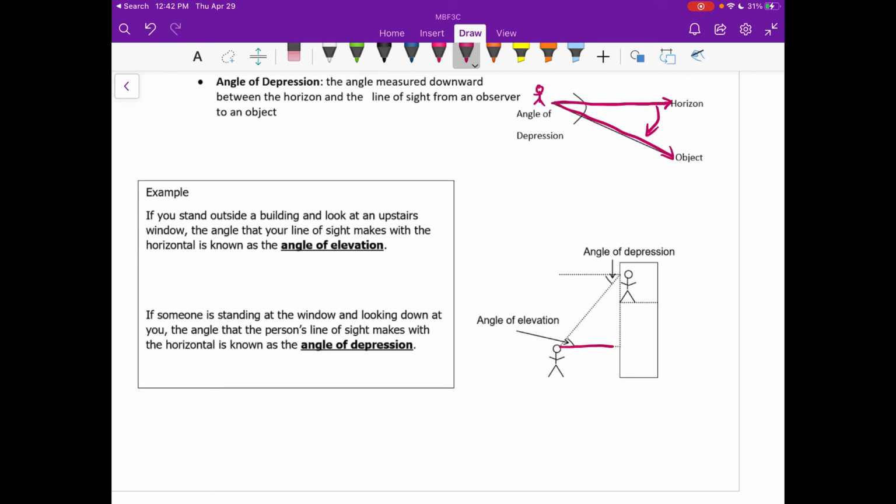So if you're looking straight at the building right here, and then you look up at your friend, this angle over here is an angle of elevation, right? And then say your friend is up here, their line of sight would be looking straight forward towards, I don't know, the sky or the clouds or whatever it might be. And then if they were going to look down at you, the angle would open downward, so that would be the angle of depression. Okay?